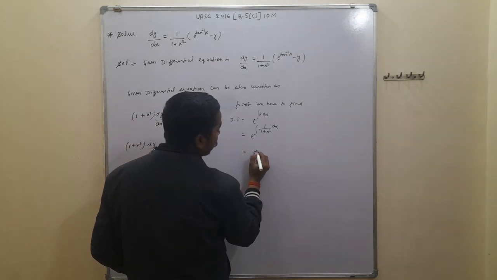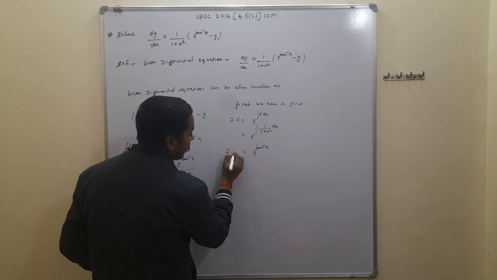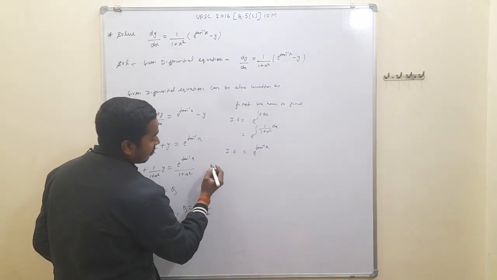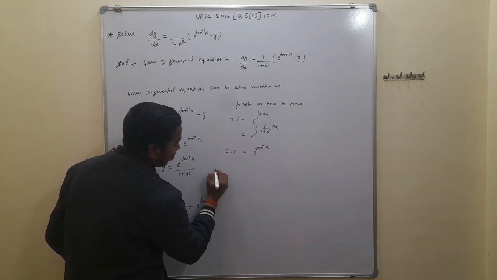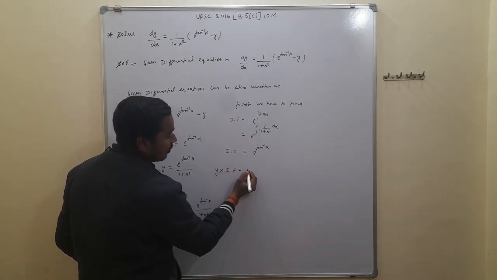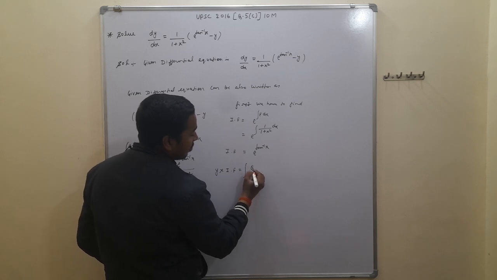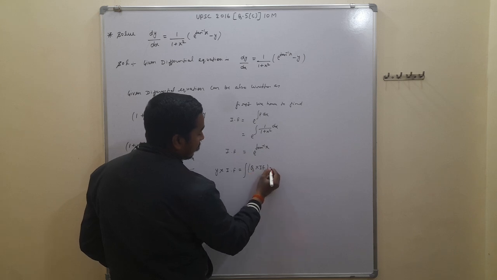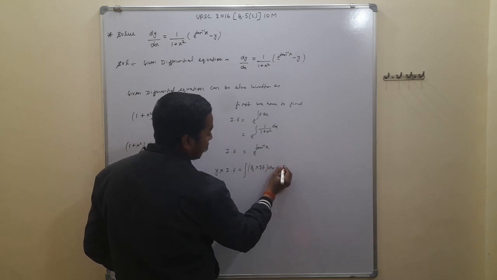This is e to the power of tan inverse of x. This is the integrating factor, and we have to find the complete solution by y into integrating factor is equal to integral of Q into integrating factor into dx plus c.